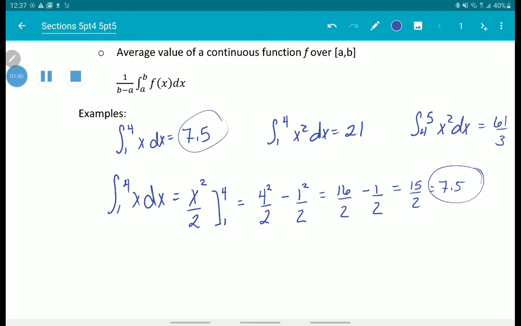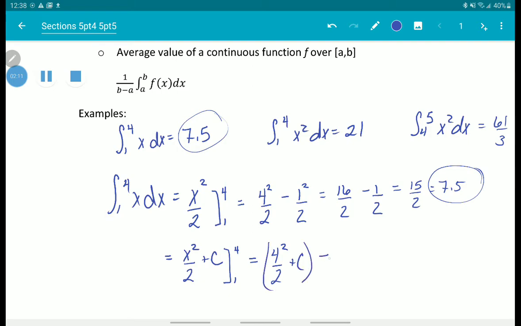Now, let me explain why the c is not going to matter here. If we would have written x squared over 2 plus c, we still would have to evaluate from 1 to 4. Now, notice my notation here. This tells me I still have to evaluate. That's important when you write that. If we were to plug the 4 in here, we would have 4 squared over 2 plus c.